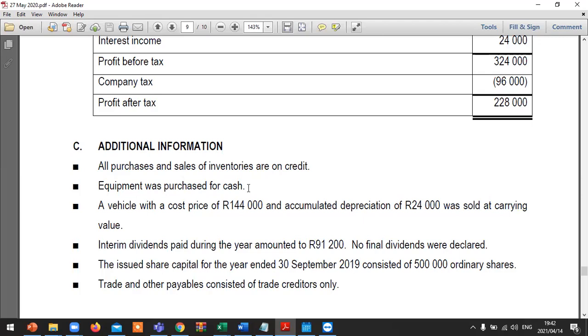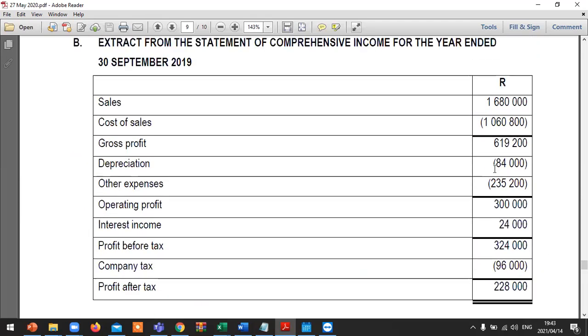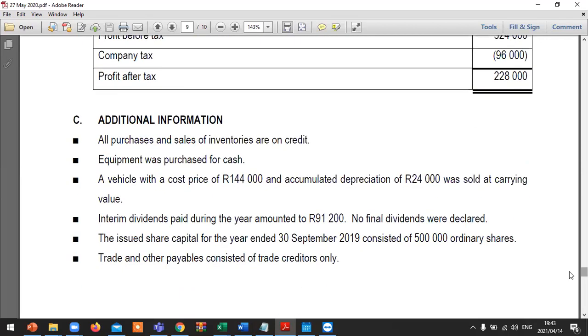So now, which information affects the non-current assets purchased? It's this one. Remember I said here you need the carrying value of assets sold and that depreciation. So to answer your question again, yes, the depreciation that we're talking about here, this 84,000, it affects the calculations of the non-current assets purchased.